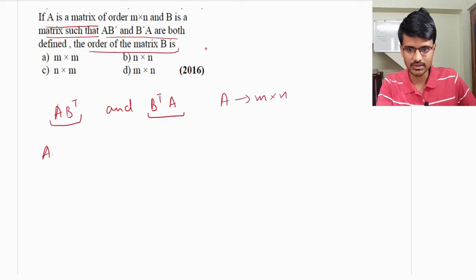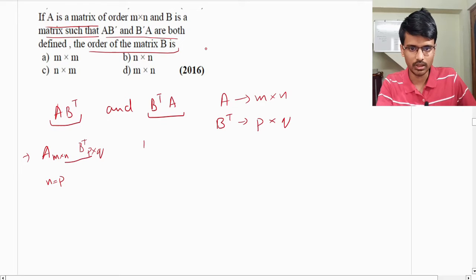That means A is m cross n. Let us take the B transpose order as P cross Q. If this is defined, n is equal to P. This should be equal. Similarly, for the second case, I have got P cross Q and A is m cross n.